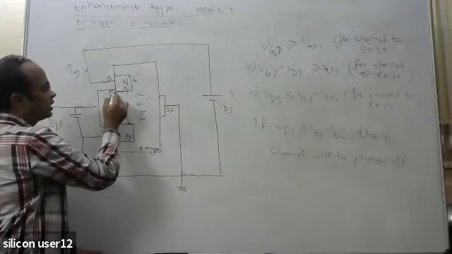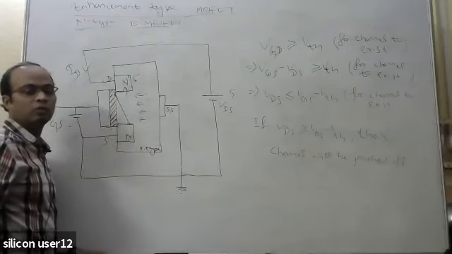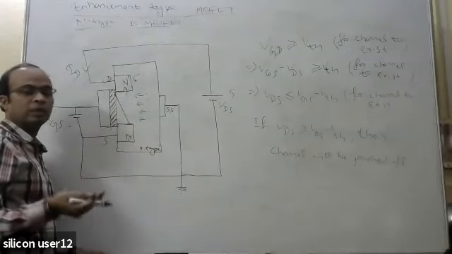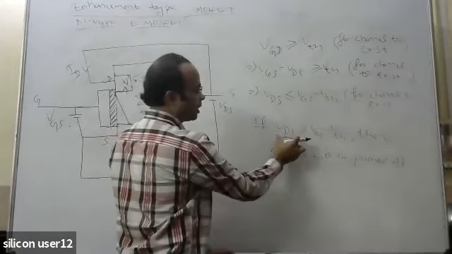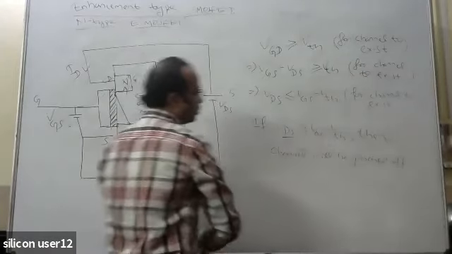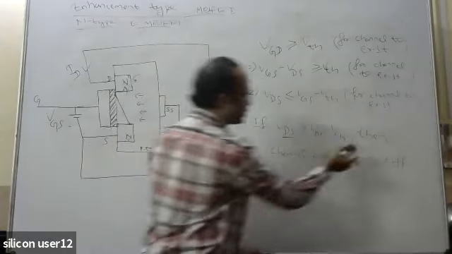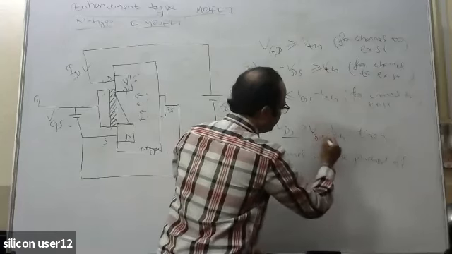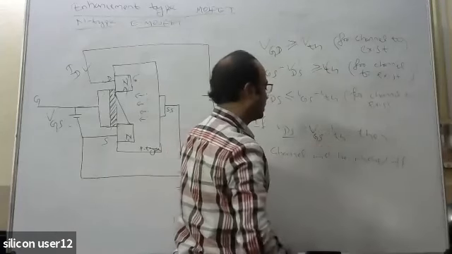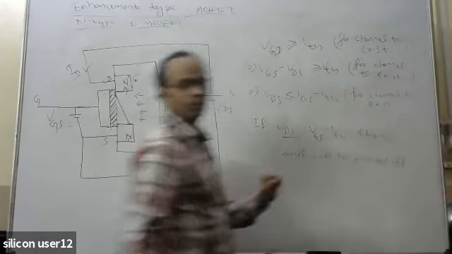The channel width near this drain terminal will be equal to 0. At what voltage will it happen? That is equal to this condition. If you apply any VDS greater than or equal to VGS minus VTH, then the channel will be pinched off.